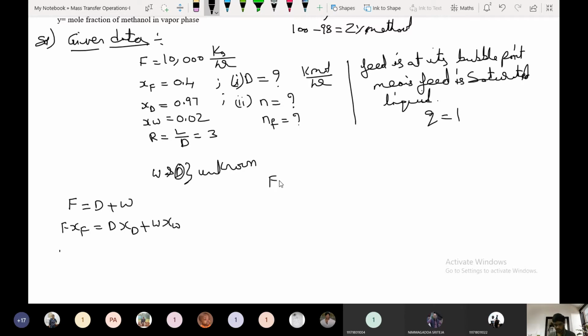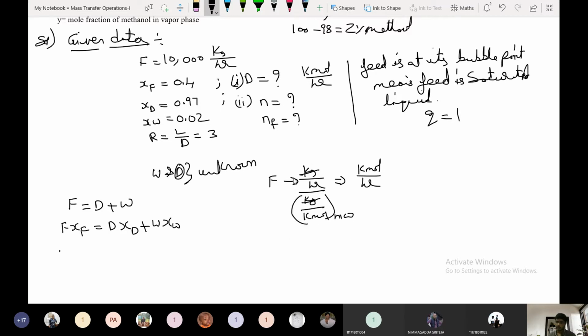F is given in kg per hour. If you divide it by the molecular weight, whose units are kg per kg mole, the kg will cancel and F will come in kilomole per hour. So in order to do so, we have to divide by the molecular weight.